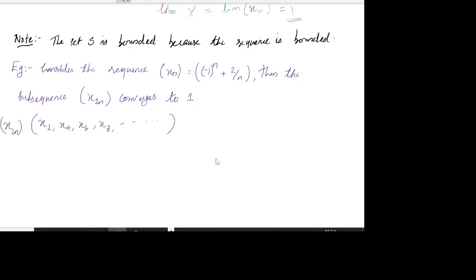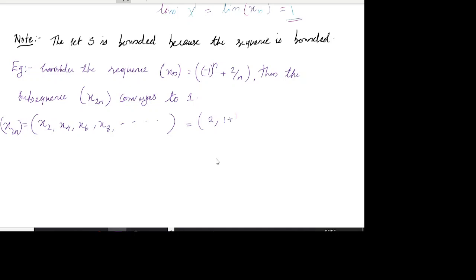This is the sequence x2n. For x2, my n value is 2, so (-1) squared gives 1. So the first term is 1 plus 1, which is 2. The second term, x4, is again 1 plus 1 by 2.